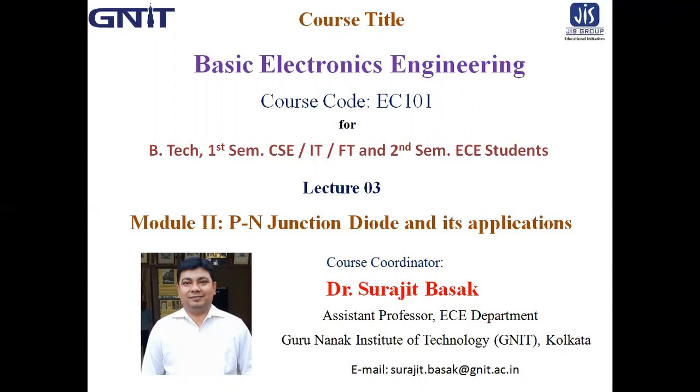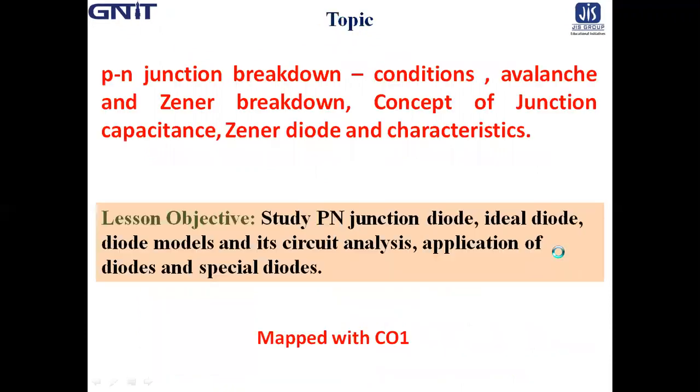Now today, let us start lecture number 3 from module 2, that is PN junction diode and its applications. The topics for today's discussion are PN junction breakdown, what are the conditions, what are the types of breakdown, that is avalanche breakdown and zener breakdown, the concept of junction capacitance, zener diode and its characteristics.